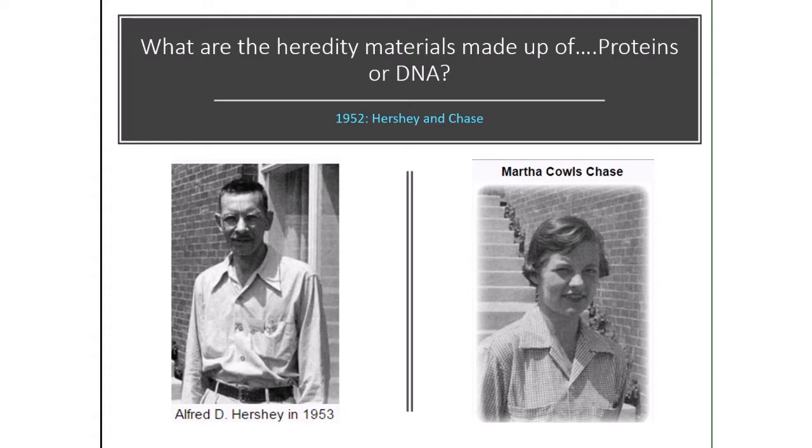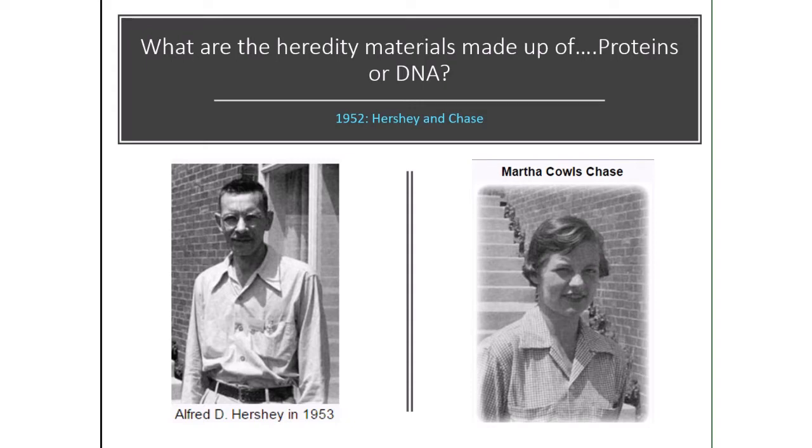However, as you remember from an earlier lecture, chromosomes consist of both DNA and proteins. A chromosome is just very compact DNA, and it is able to make itself compact because it wraps around proteins. So is it the protein or the DNA that's responsible for inheritance?